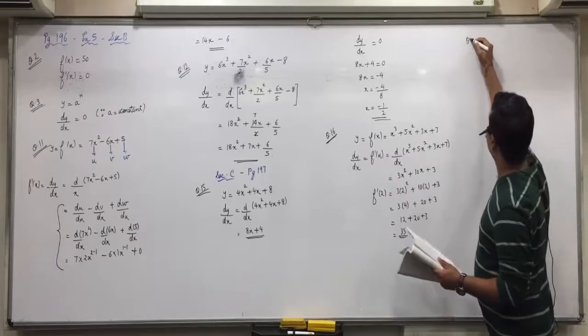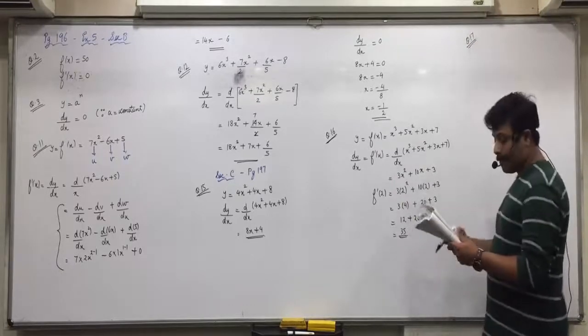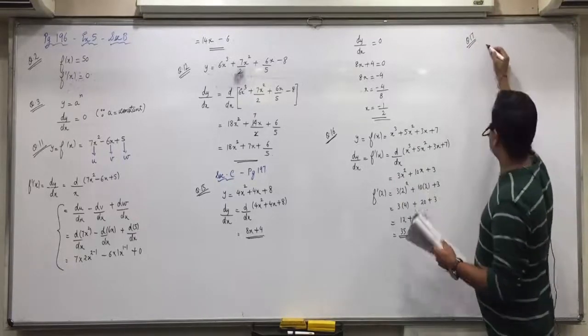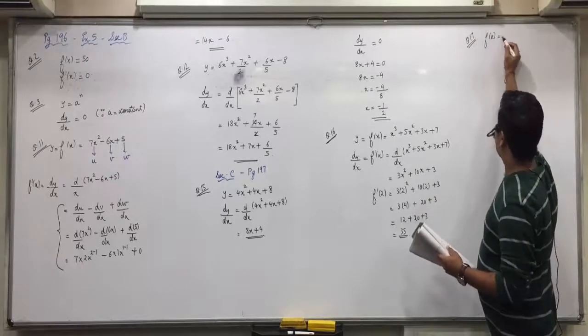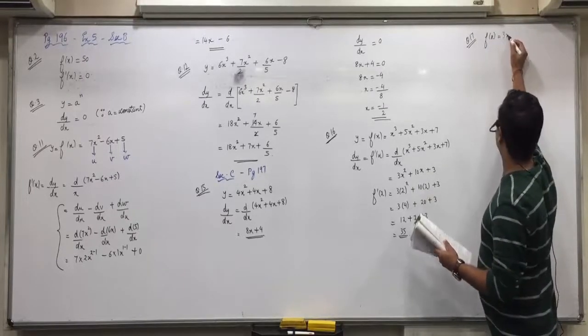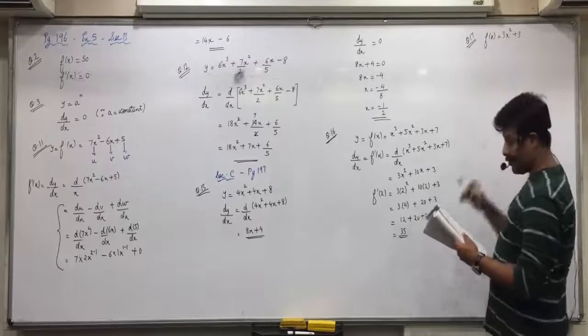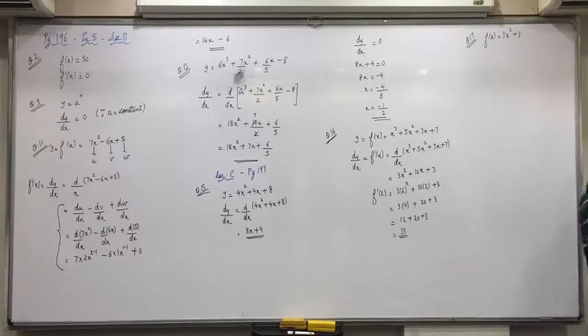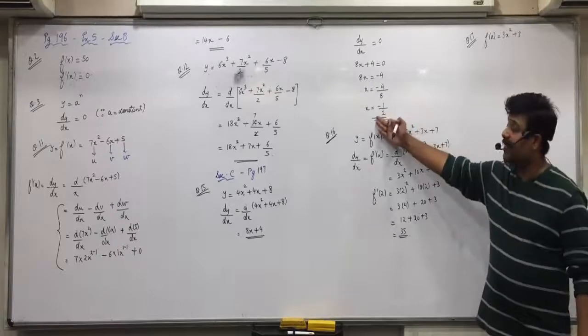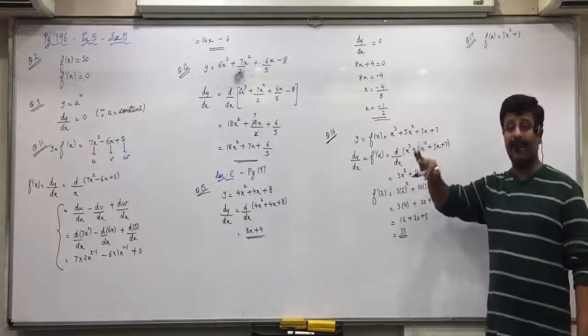Question 17. If fx equals 3x square plus 3, then for which value of x, f dash x will be equal to fx. Like this, we will simplify and get the value of x. But first we need f dash x.